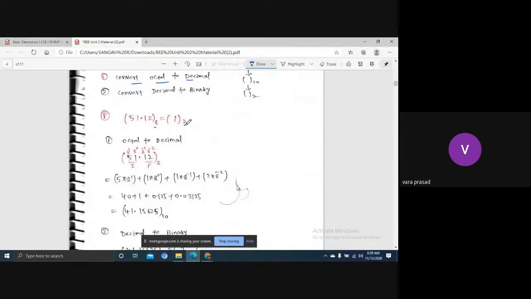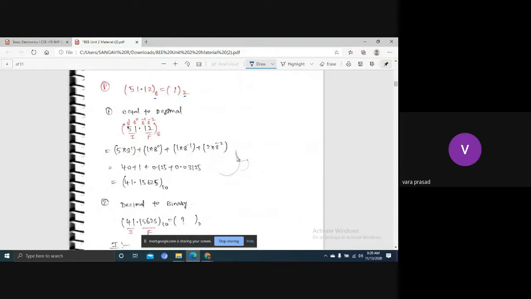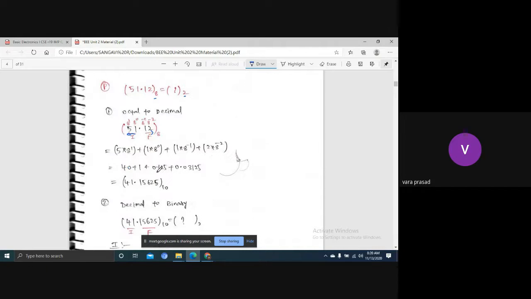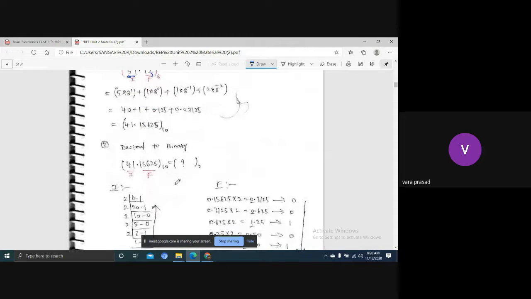First step is octal to decimal. Any number to decimal is write with the weights, multiply each weight with respect to digit and add it. First I did this one. Then second step, now we converted octal to decimal, we got it as decimal. Decimal to binary.